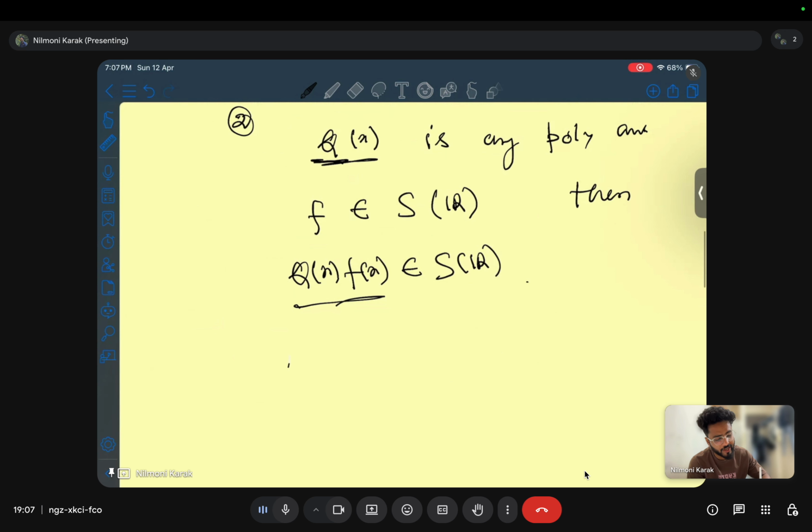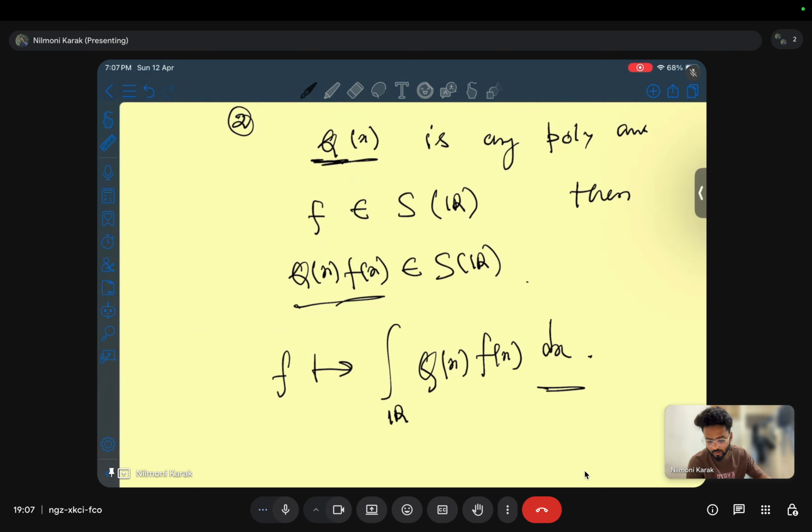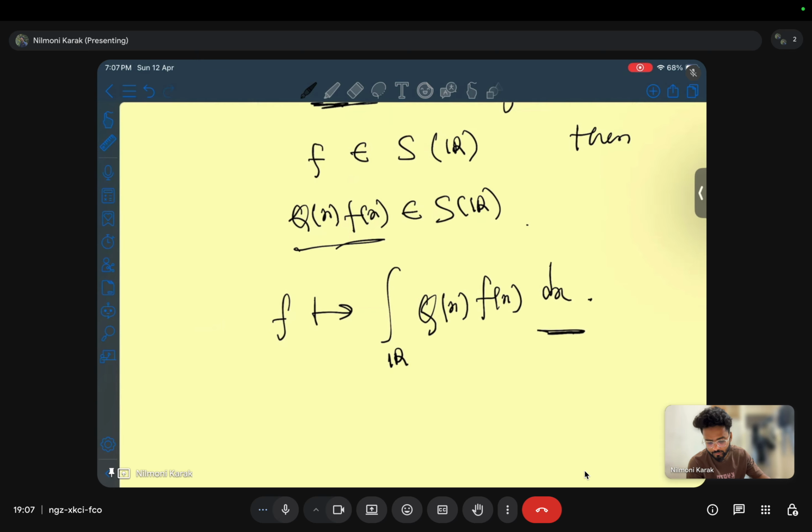If you check the map f goes to the integral of q(x)f(x) dx, this is actually continuous. You can check linearity as well.